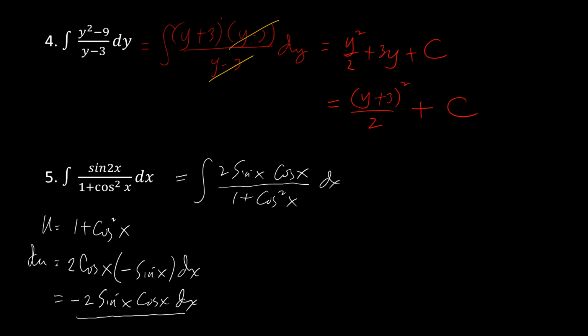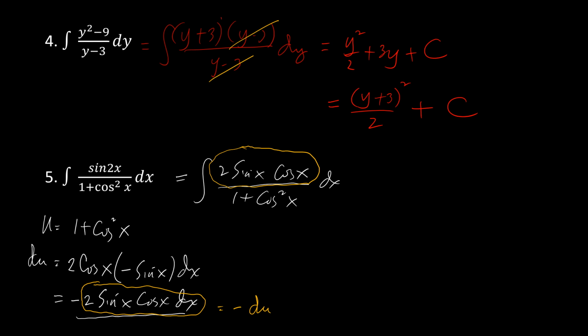So this thing here is equivalent to the negative of du. Alright? 2 sine x cosine x dx is negative du.